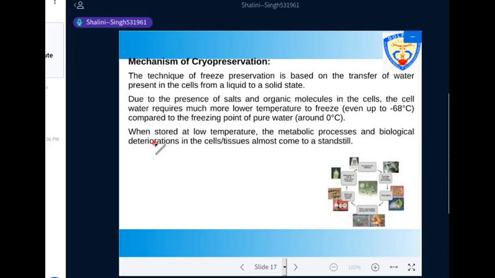Due to the presence of salts and organic molecules in the cells, the cell water remains in liquid state and it requires a much lower temperature to freeze, even up to minus 68 degrees centigrade according to several reports, compared to the freezing point of pure water that is around 0 degrees centigrade. When stored at low temperature, the metabolic processes and biological deteriorations in the cells or tissues almost come to a standstill.